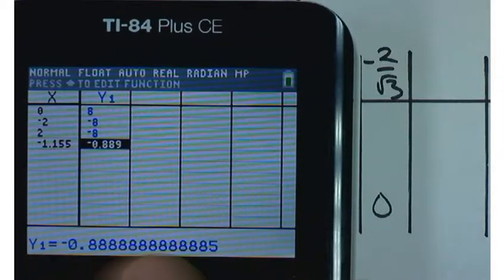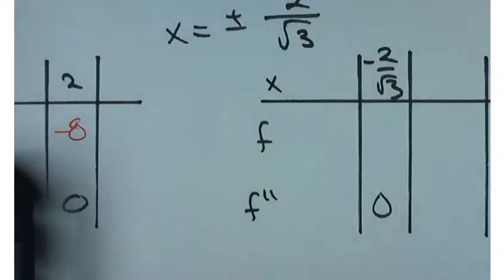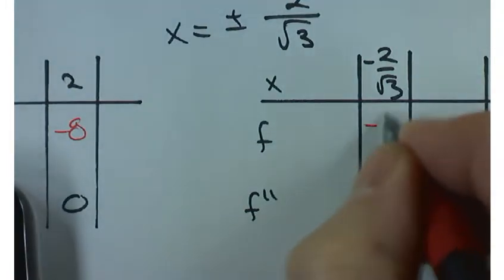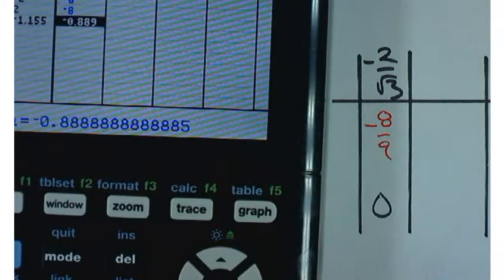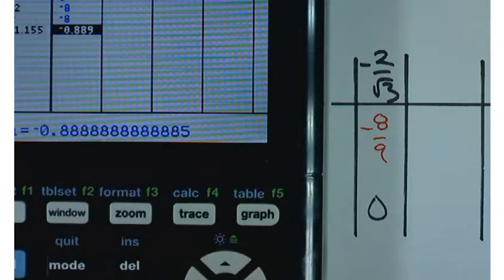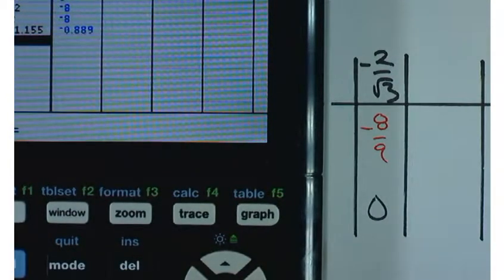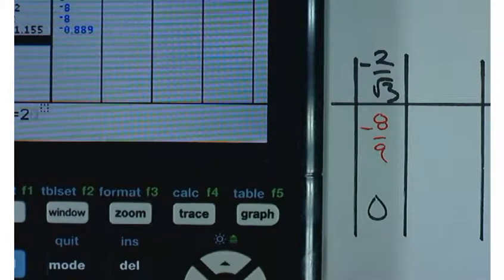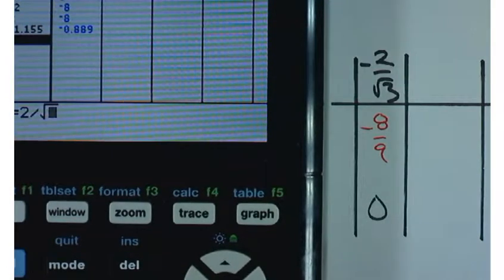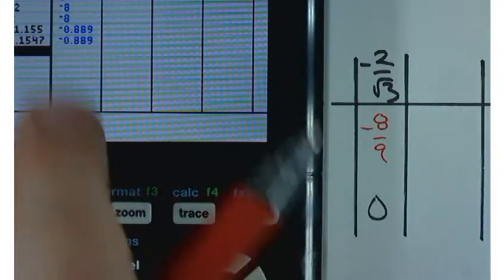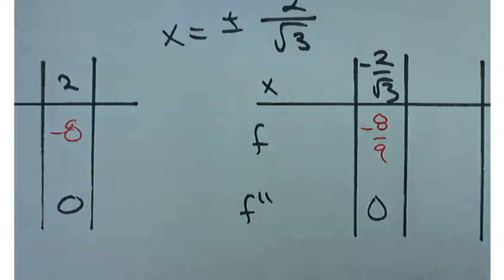No, the number. It's a fraction. If you don't, that's fine. Negative 8/9. And likewise, the other point's also going to give me 8/9. So 2 divided by the square root of 3. Same thing. Negative 8/9.